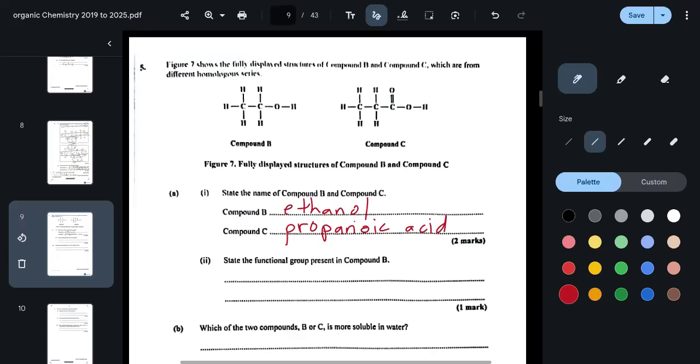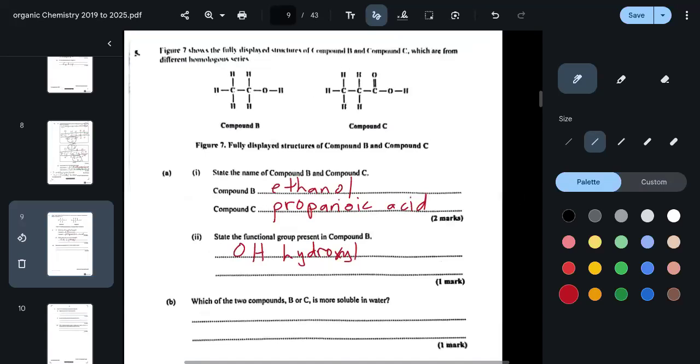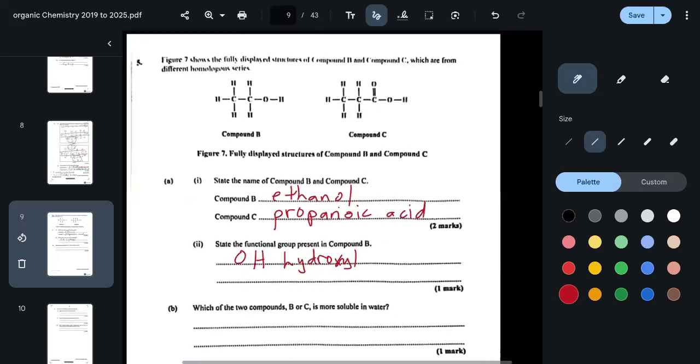All right. State the functional group present in compound B. So I'm going to draw it and give both the name. The hydroxyl group is present, yeah, the hydroxyl group. Then it says which of the two compounds B or C is more soluble in water.